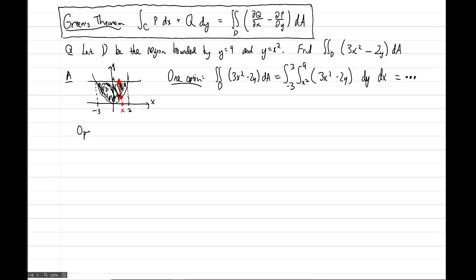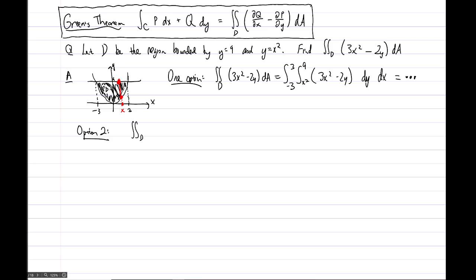But just to provide a second option, let's think about the question as if it's the right side of Green's theorem and then turn it into the left side. We have not really done that, so it'll be good to practice Green's theorem both ways, either a single integral converted to a double integral or a double integral converted to a single integral. So let's write the problem a little more carefully.